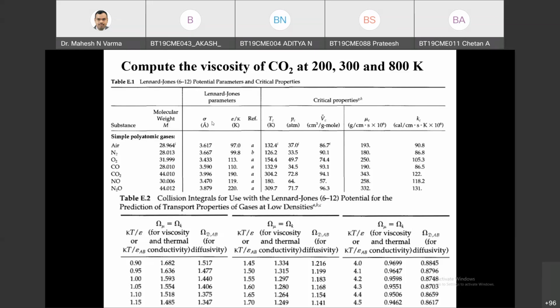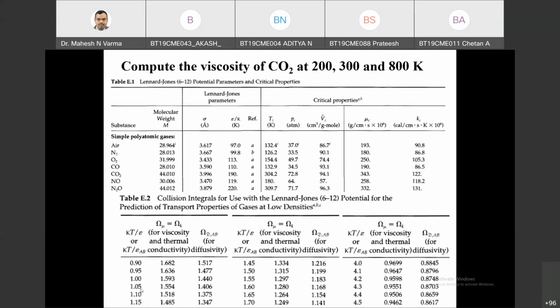1.053. Okay. So now you can say it is given for 1.05, it is given from 1.10. So you can interpolate this data for your 1.053 also, or you can use this. Now it is very close to 1.05, so you can use this.